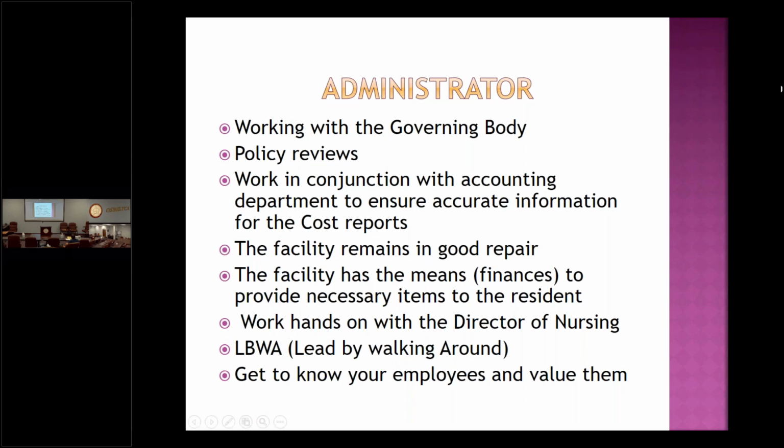Okay, the facility has a means, which is finances, to provide necessary items to the resident. In an ICF and nursing home, we are responsible for providing their basic needs: shampoo, body wash, nail care items, just different things like that.